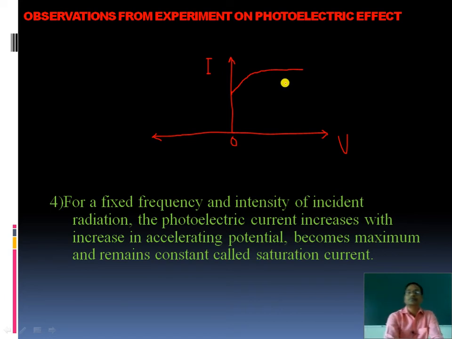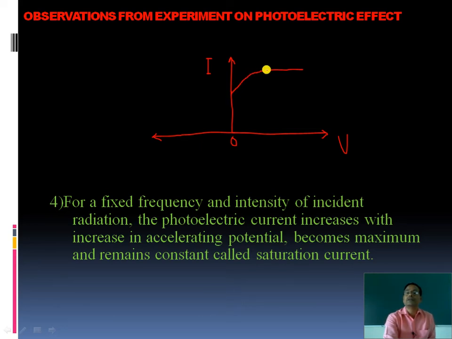So if we go on increasing, first which quantities are kept constant? Intensity and frequency are kept constant, and potential is increased gradually. Even when the potential is 0, electrons are so energetic that they can move towards the collector, and the collector has to accept them, due to which current flows through the circuit. Now if we go on increasing the accelerating PD, the current also increases rapidly.